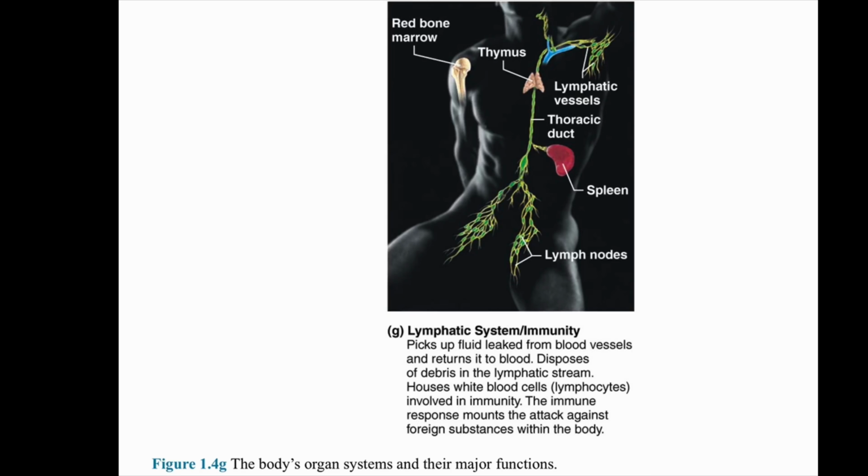The lymphatic system is made up of the spleen, the thymus, lymphatic vessels, and lymph nodes, and its functions are it defends against infection and disease, and also will return tissue fluids to the bloodstream.